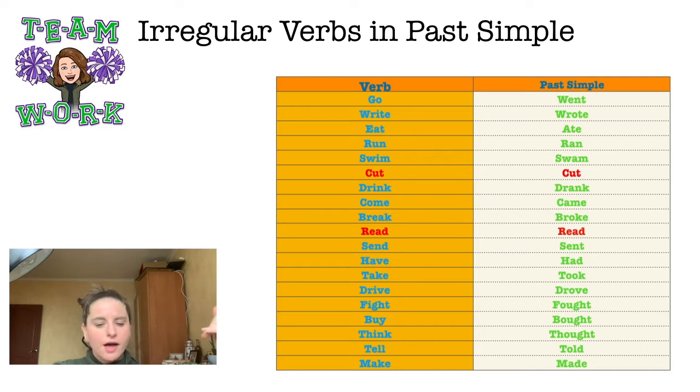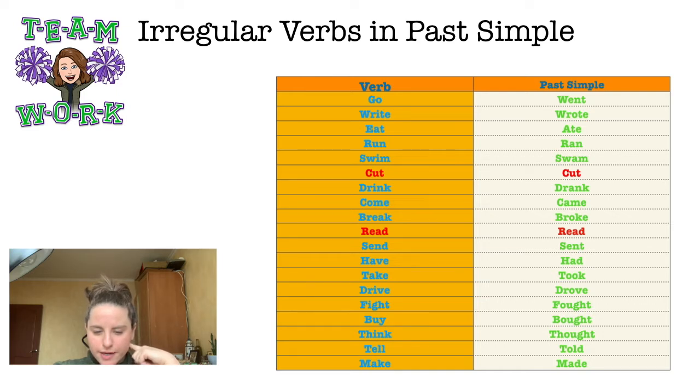So right now, I'm going to read the infinitive form with its past simple. Please read and repeat after me. Пожалуйста, читай, повтори после меня. Okay? Go, went. Write, wrote. Eat, ate. Run, ran. Swim, swam. Cut, cut.